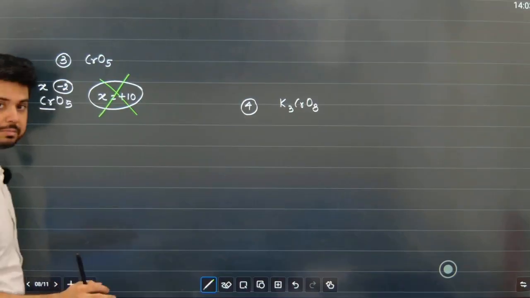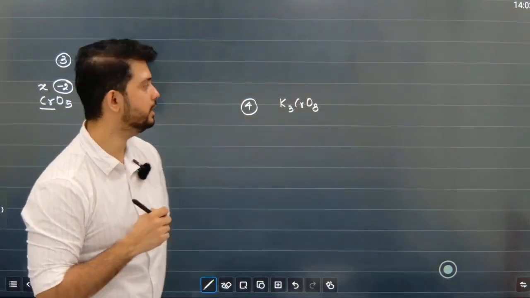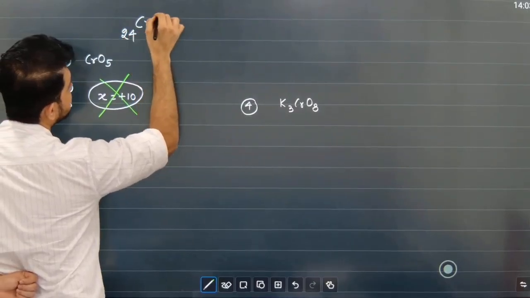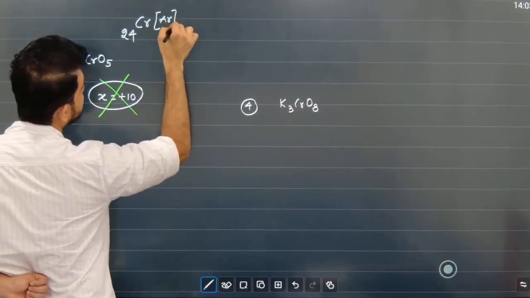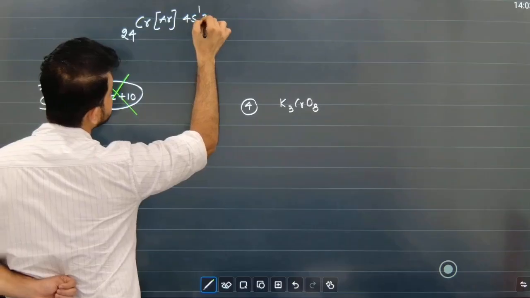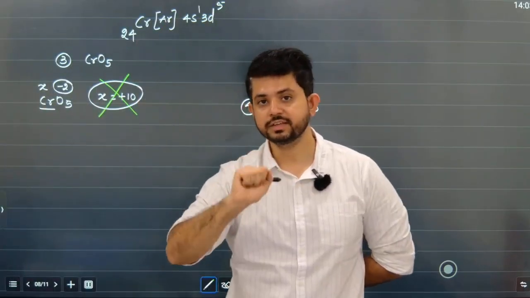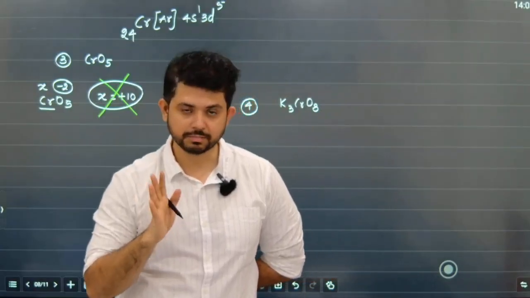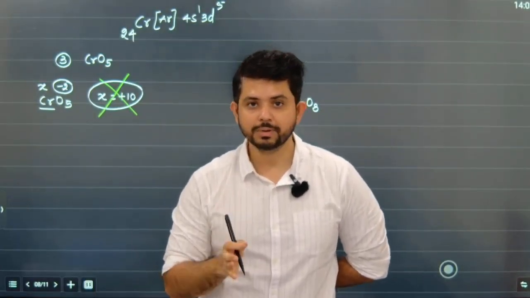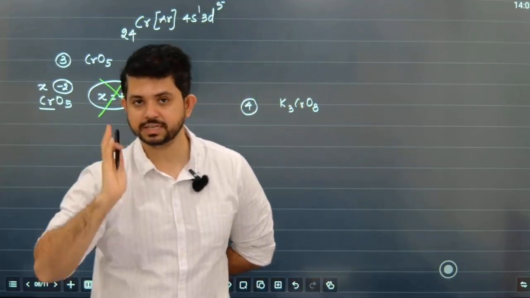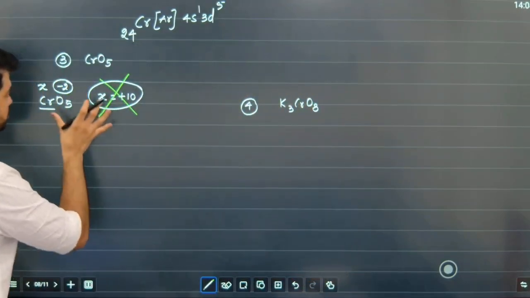Chromium can maximum go to +6 because we know that for D block element, chromium atomic number 24, electronic configuration argon 4s1 3d5. So sum of the electrons in 3d and 4s will give us the maximum oxidation state. So the maximum oxidation state is 1 + 5 मतलब 6, and hence we need to know the structure.